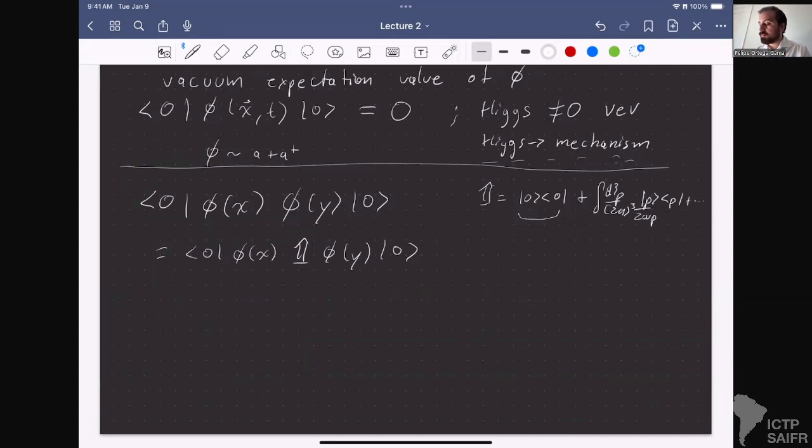So the first term is going to be the vacuum expectation of our field squared. We know that that is 0, so we don't have to worry about that one. The next term is going to be the interesting one, the integral d3p over 2 pi cubed of <0|phi(x)|p><p|phi(y)|0>.